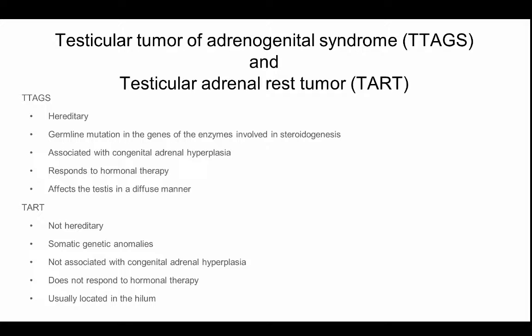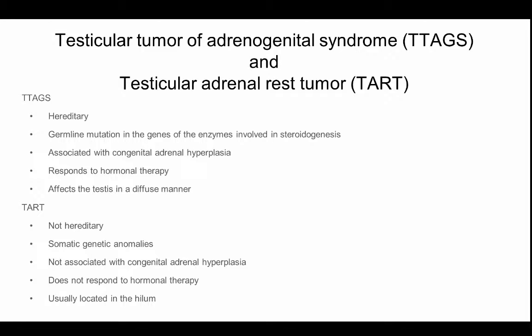So one of the things I forgot to mention on the embryology is that because the testicles do arise from the common precursor embryologic origin of the adrenal gland, they can have remnant adrenal cortical cells throughout the abdomen and more commonly within the testicle itself.